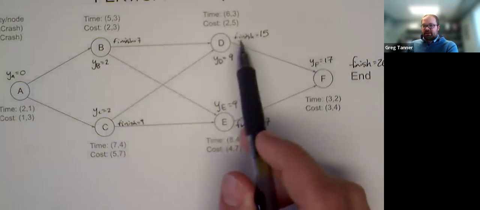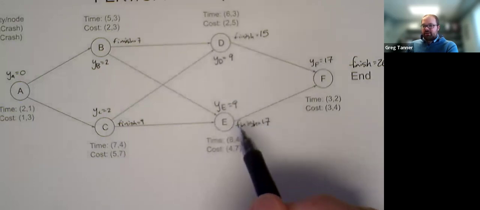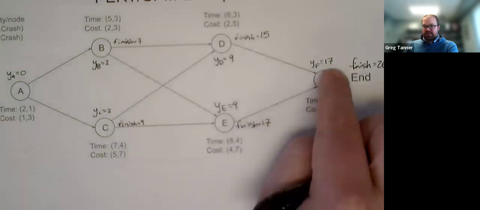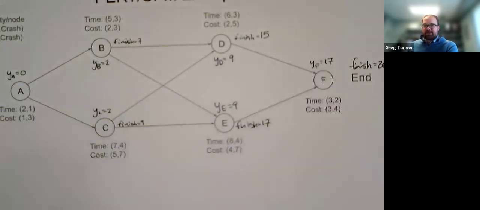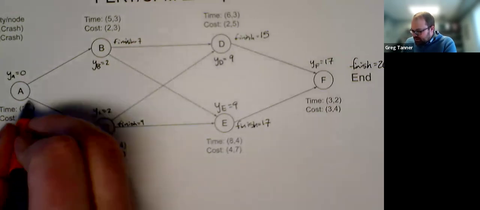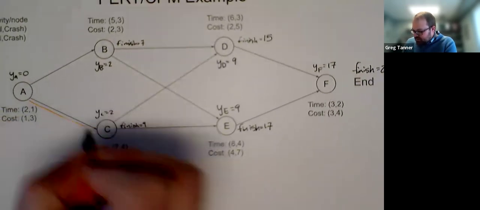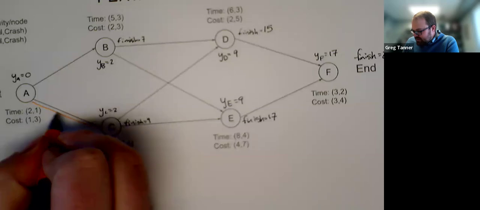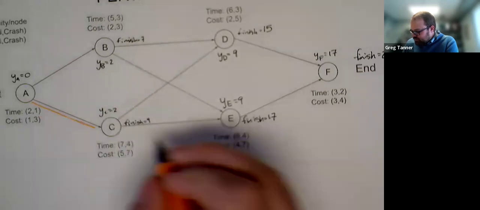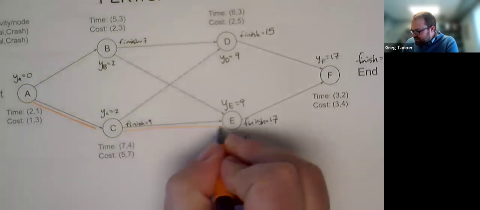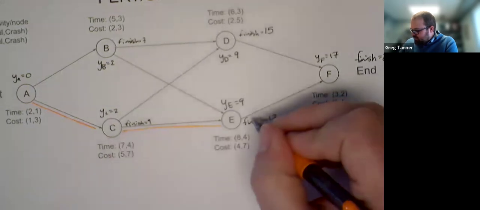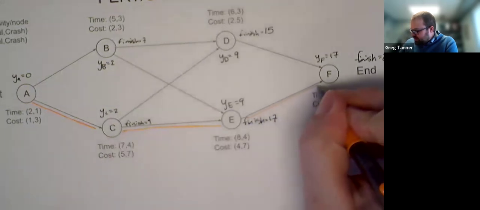So D is not on the critical path, but E is on the critical path because we finish it just in time to start the next activity that depends on it. Okay, and so highlighting our critical path, in this case, the critical path goes from A to C, from C to E, and from E to F.